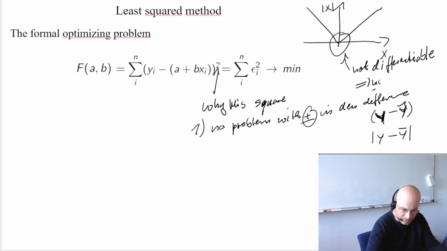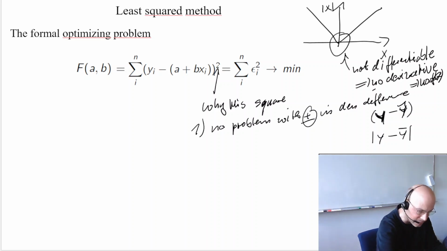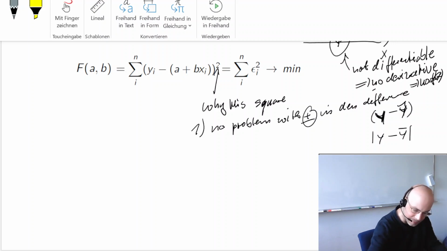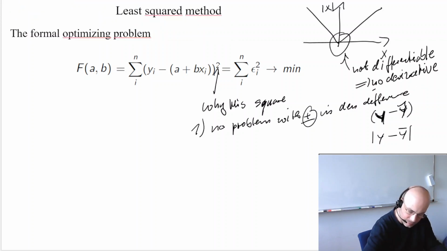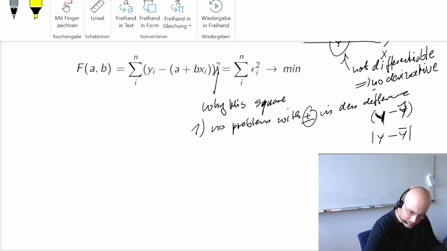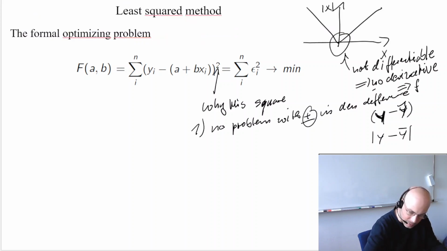So we have no derivative. So no f prime of x.